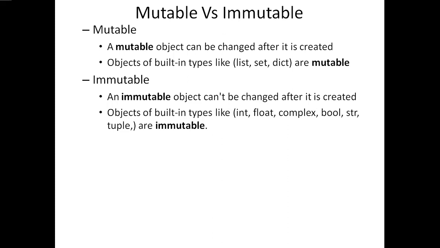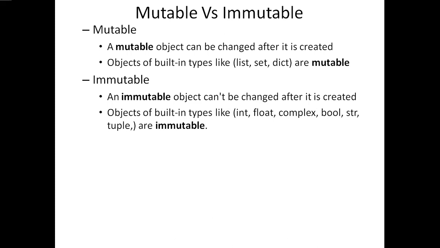Remember that everything in Python is an object. The objects of built-in types like list, set, and dictionary are all mutable. That means the value within that particular object can be changed after it is created. So let us look at immutable. An immutable object can't be changed after it is created. That means the value within that particular object cannot be changed once it is created.